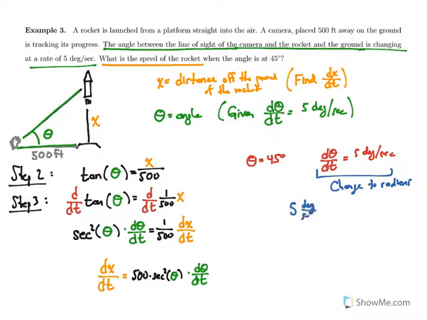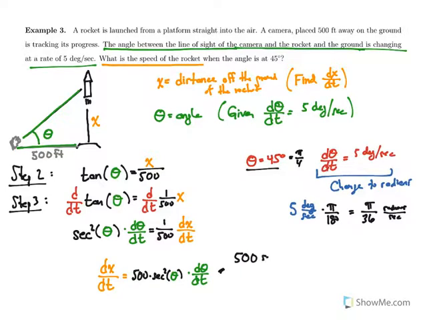But if we want to change this into radians, we need to multiply by pi over 180, which will be pi over 36 radians per second. We don't need to change the 45 degrees, even though we could, to pi over 4, because we're plugging it into the trig equation itself.